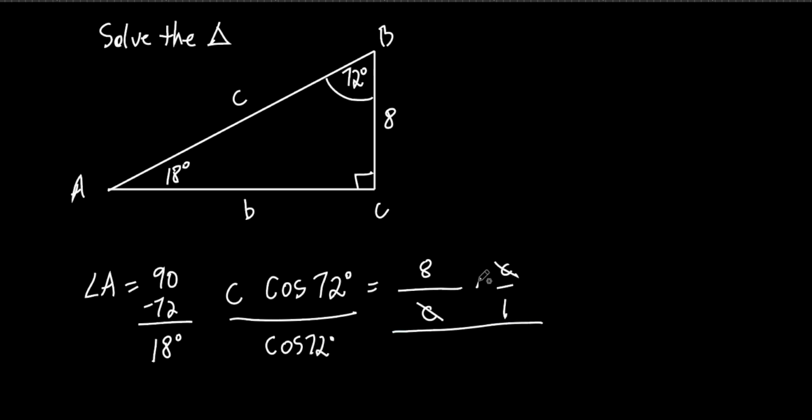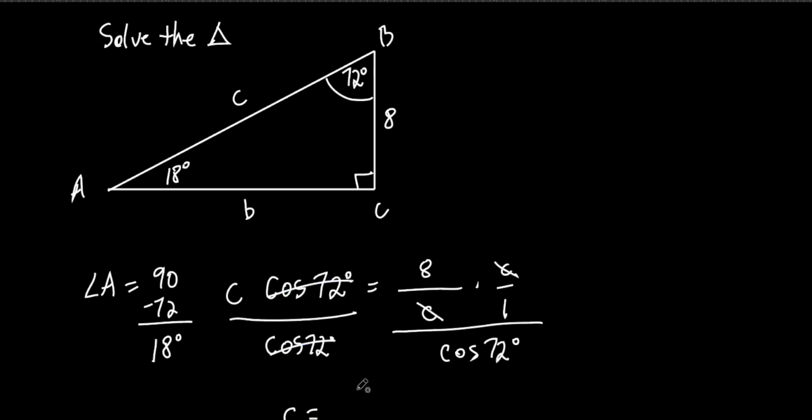So I also have to divide this side by the cosine of 72. See what I did? I did two steps in one. All right? So now these cancel.